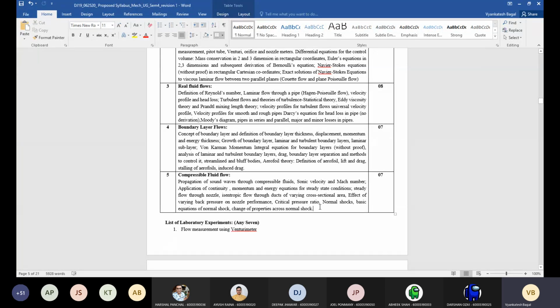Again, those who are more inclined to the aerodynamics or aeronautical field will be more interested in this last module. So you may know what is Mach number or the sonic velocity. Part of it you have already studied in 12th physics, I guess. Is it? Hello?